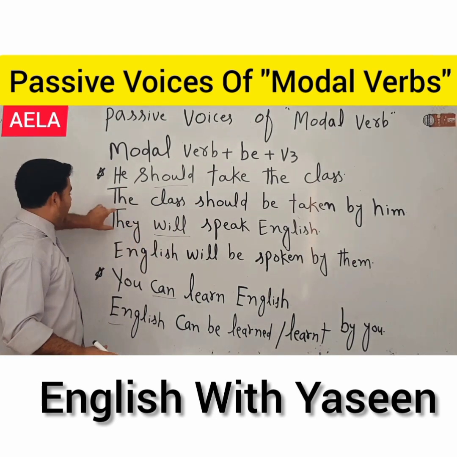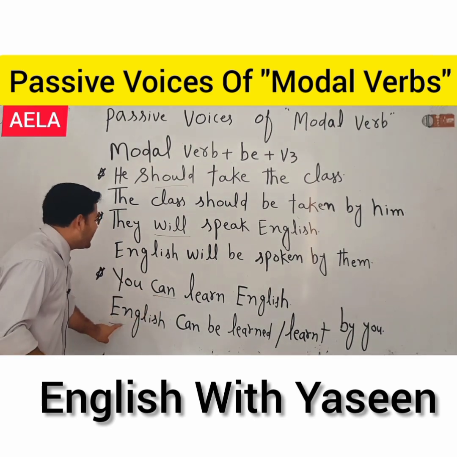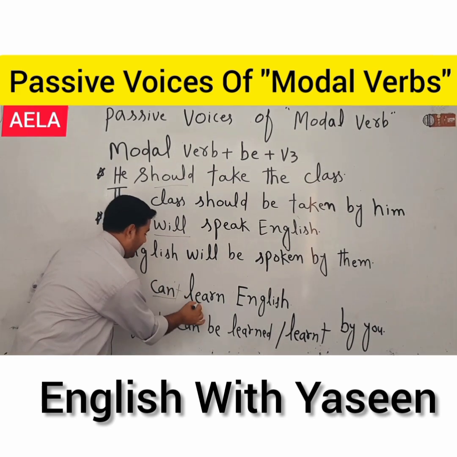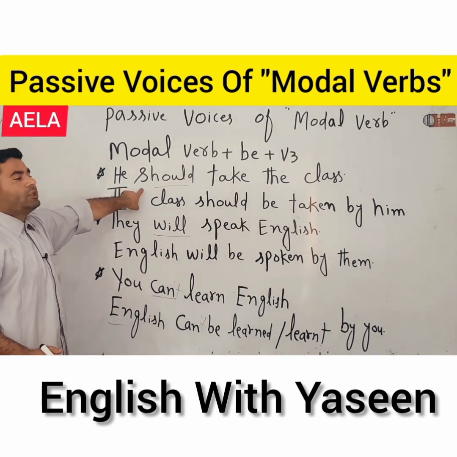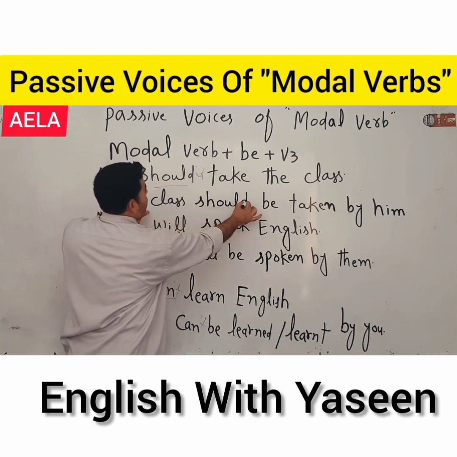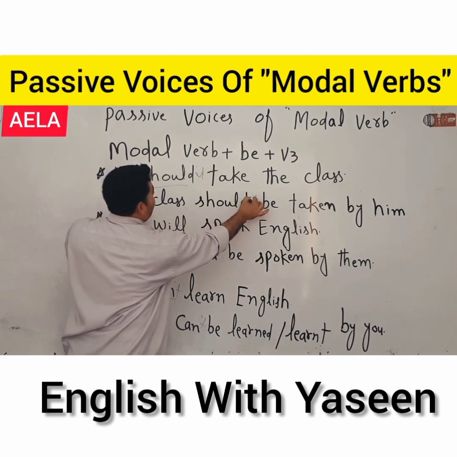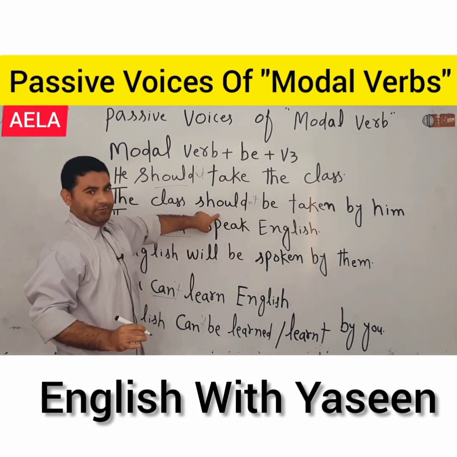For example, if it is you can't learn English, then English can't be learned by you. For example, it is negative: he shouldn't take the class. In the passive voice, shouldn't will be used in the passive voice also.